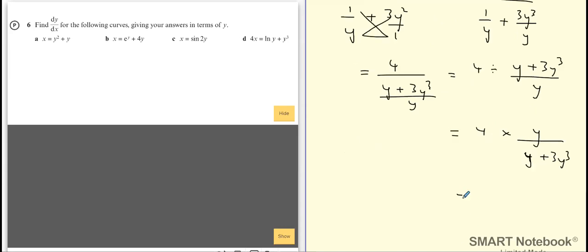And if I keep the first fraction the same, flip the second fraction upside down and multiply it, we end up getting 4y over y plus 3y cubed. That's your answer in its simplest form.